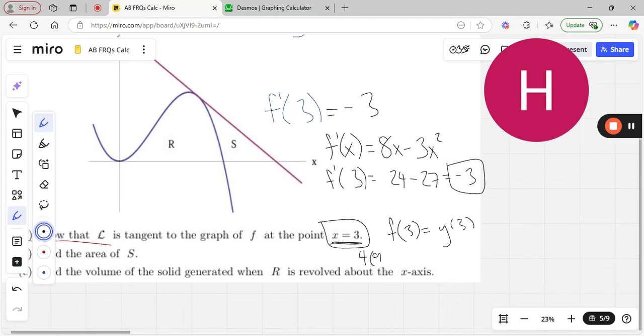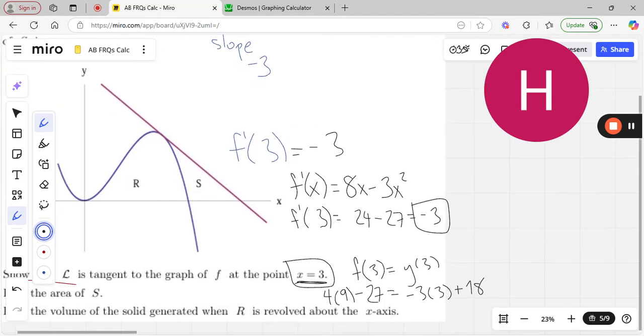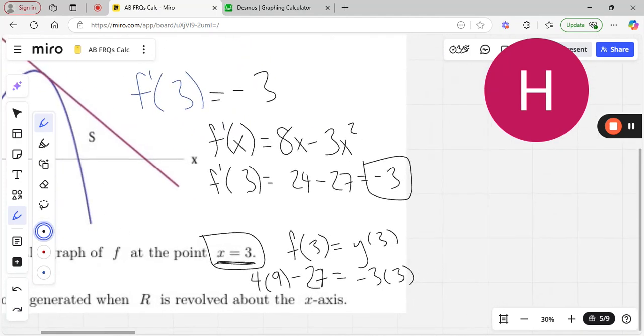4 times 9 minus x cubed, so minus 27. We need to make sure that that equals -3 times 3 plus 18. And I guess I wrote it in a slightly different order, but same thing. 18 minus 3 times 3.